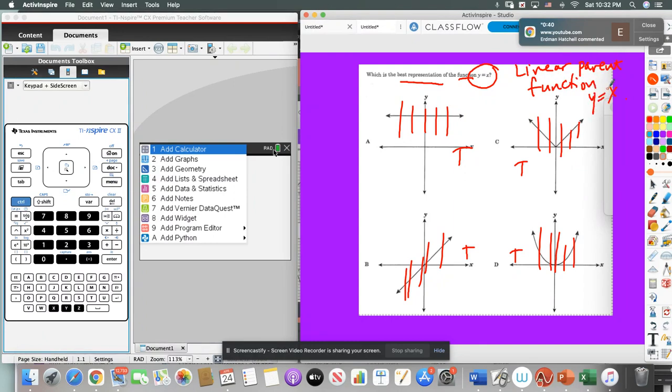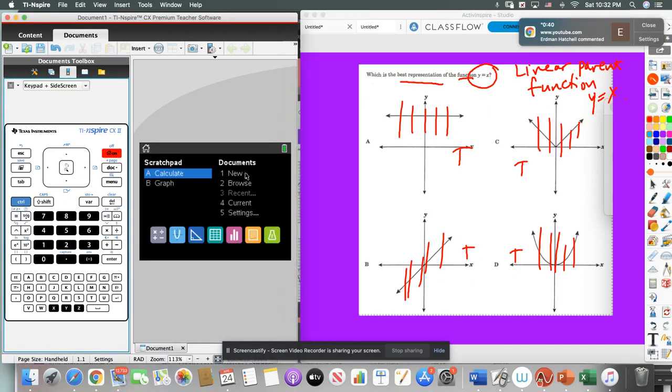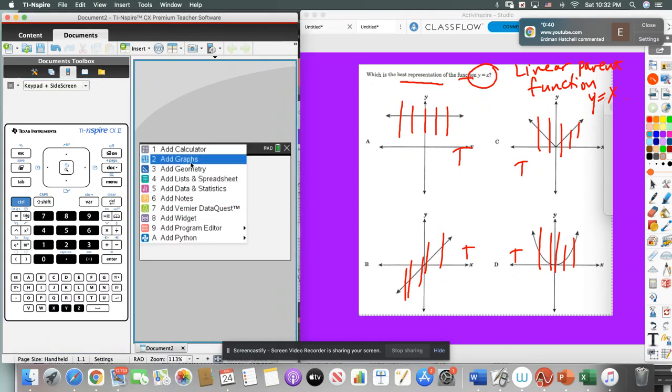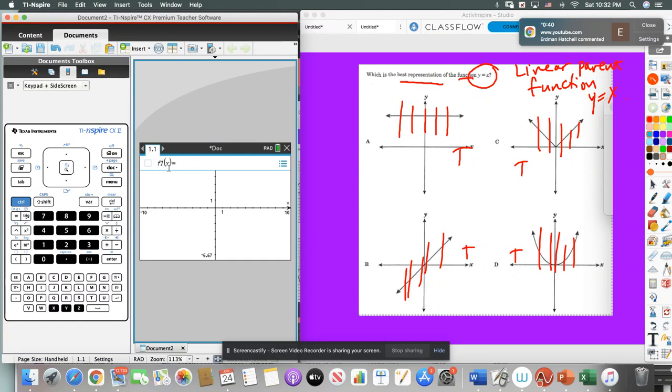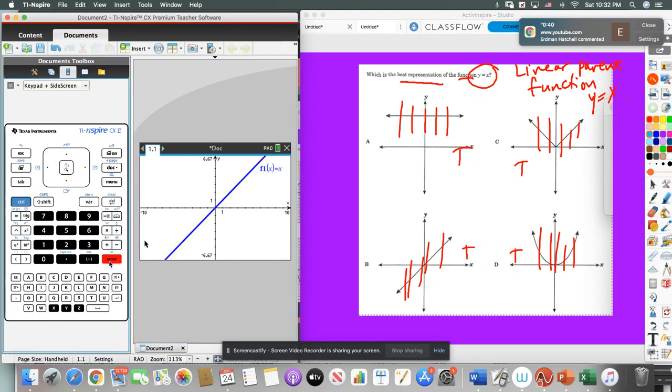So this would be one I might come over here on my calculator if I'm not sure and just add the graph. This is f of x, the same thing as y equals, and I'm just going to type in x, enter, and I can see that graph B is that line. So there's the answer.